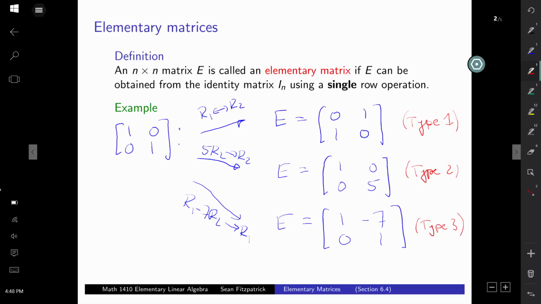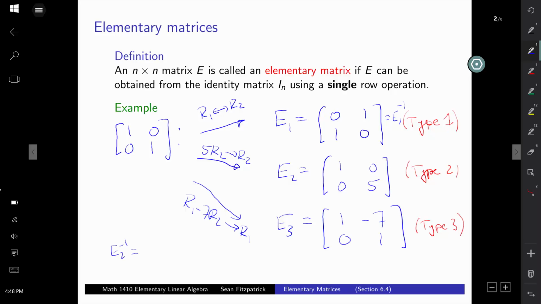In the first one, what would be the inverse of this first guy? What's the opposite of swapping those rows? Swapping them back. So actually, this guy is its own inverse, and you can check that if I multiply that thing by itself, I will get the identity. Let's call these things E1, E2, E3. What is E2 inverse?